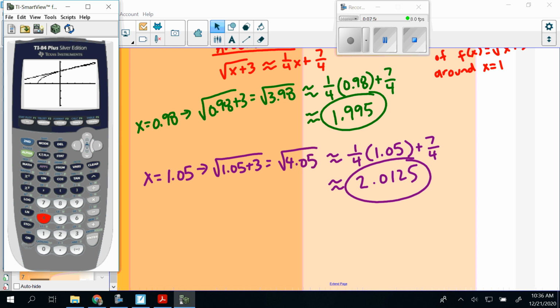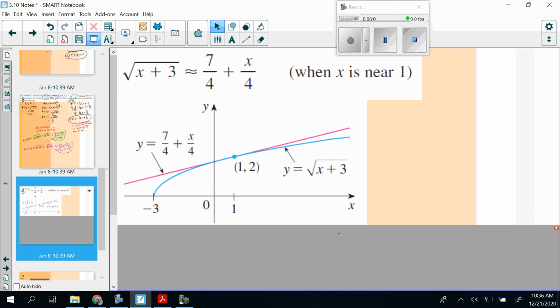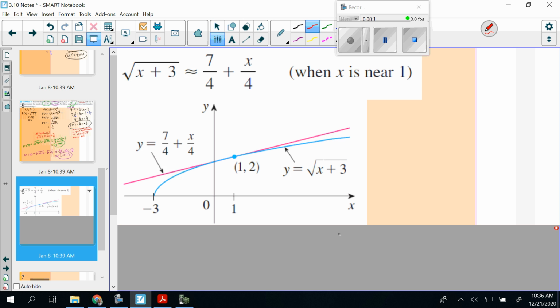There's our linear approximation. We can see from that, it looks like our linear approximation always ends up being over our actual graph there of square root of x plus 3. So at our value of 1.05, maybe that's right about there, it looks like our estimate is going to be a little bit of an overestimate.